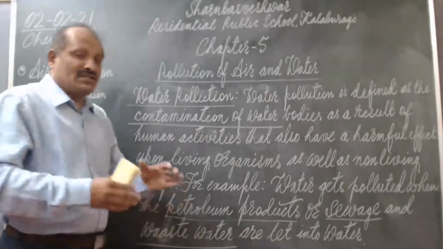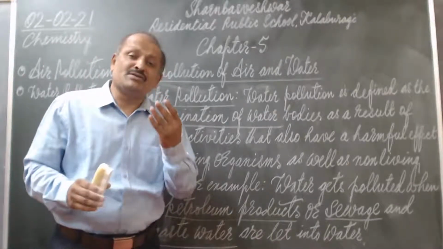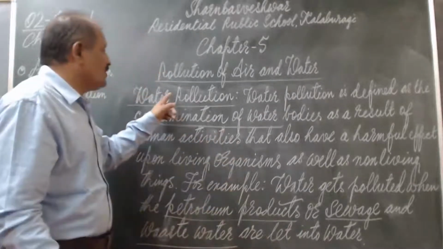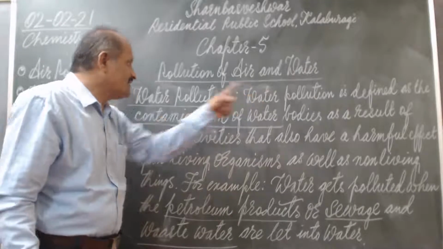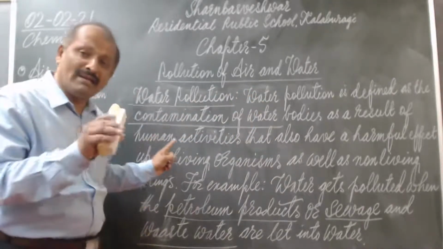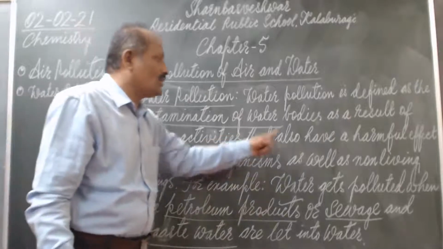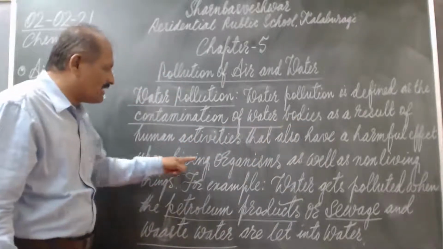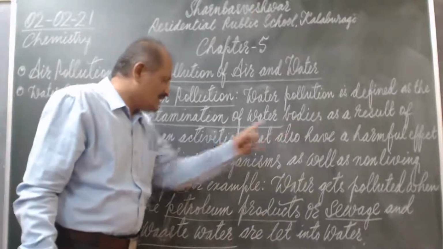So this way, such precious water is polluted. Water pollution is defined as the contamination of water bodies as a result of human activities that also have a harmful effect upon living organisms as well as non-living things.